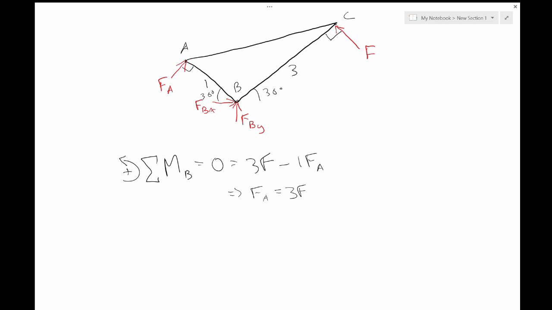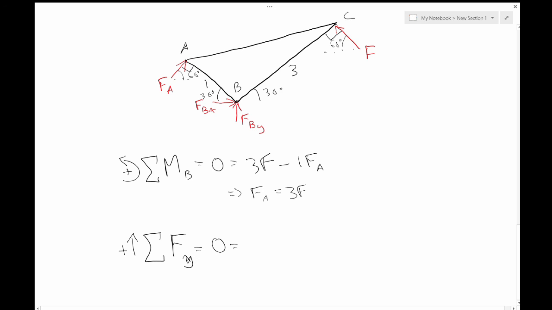And then to solve for FBX and F of BY, we would do the sum of forces in the y direction equals 0. I believe this angle here, if that's 30 degrees, should be 60 degrees, and that should also be 60 degrees.